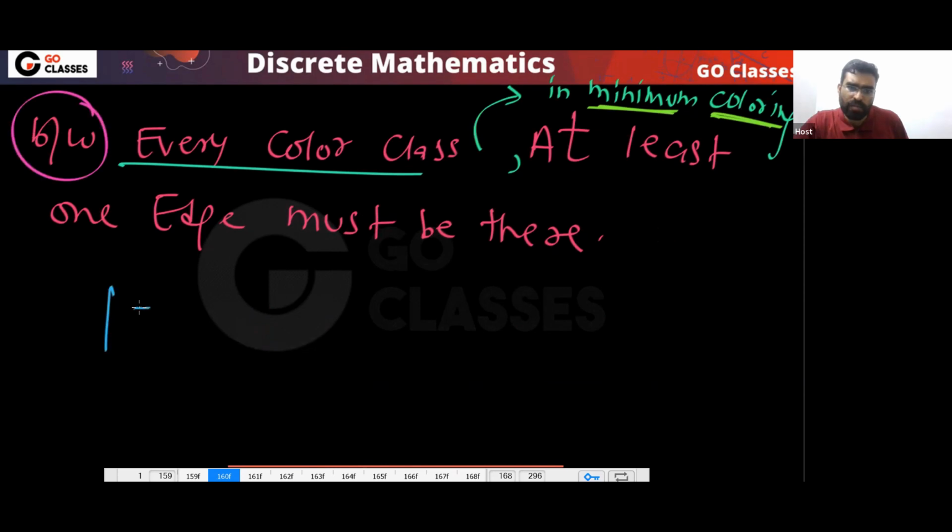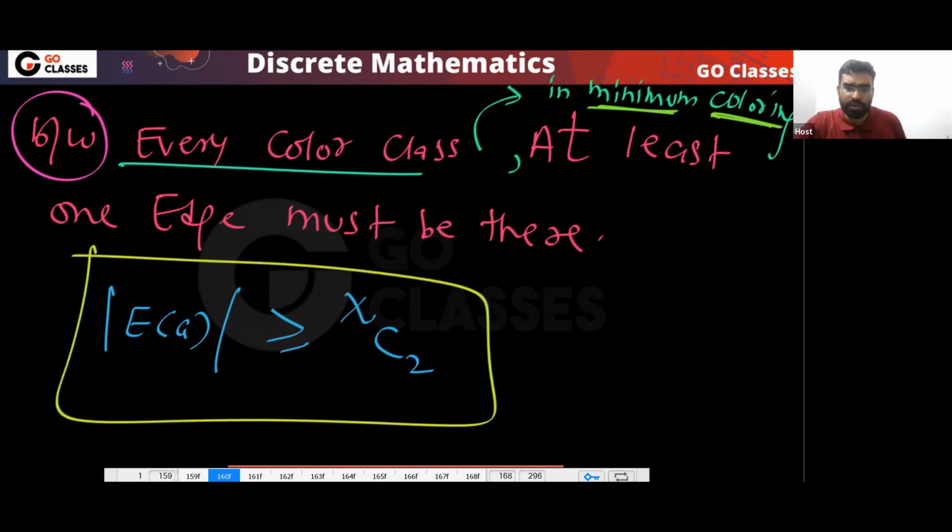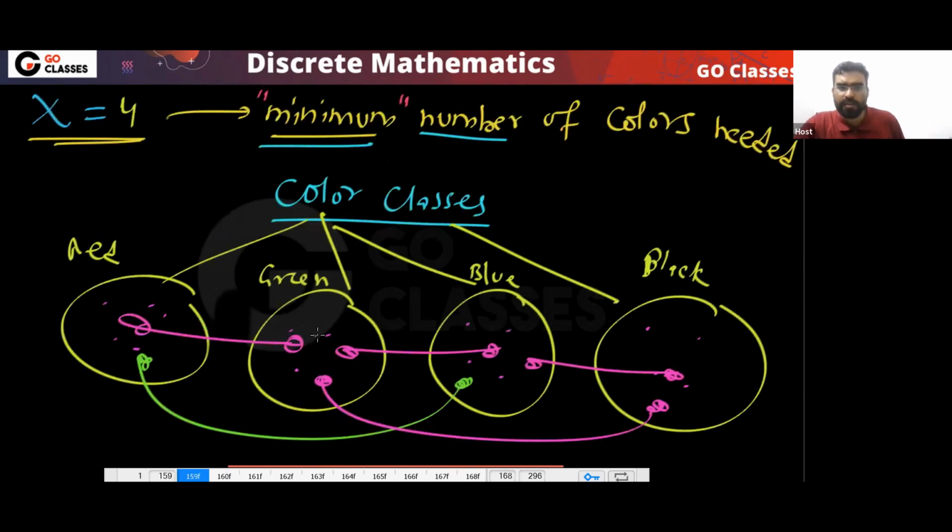So what can I say about the number of edges? At least how many edges must be there? Chromatic number C2, between every two there should be one. How many color classes are there?